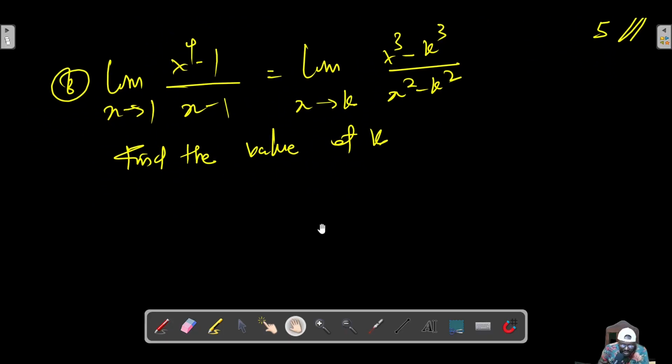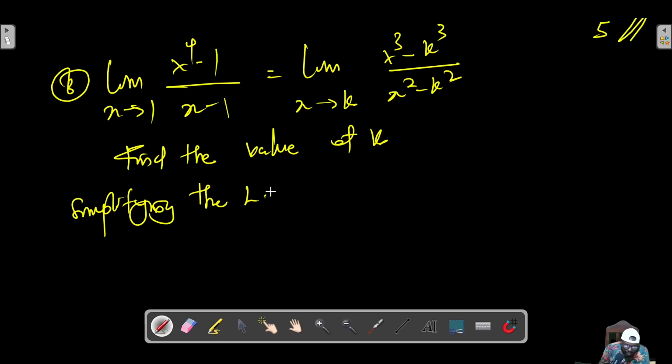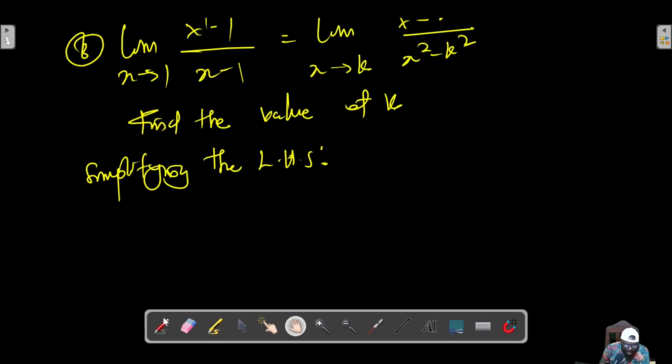So let us first simplify the limit on the left hand side, then we simplify the limit on the right hand side as well. On the left hand side, we have the limit as x approaches 1 of x to the power 4 minus 1 on x minus 1.